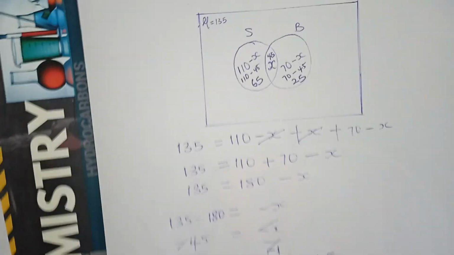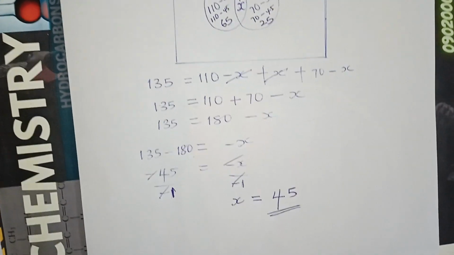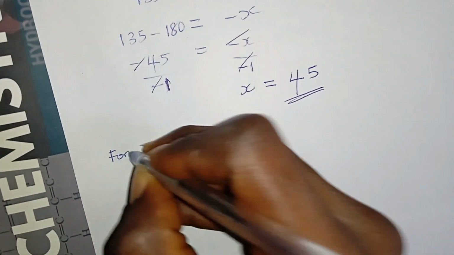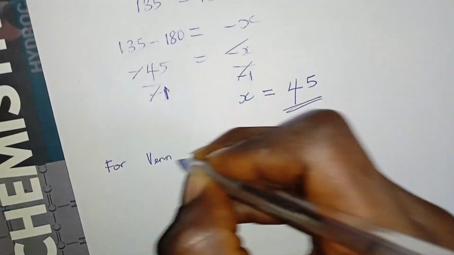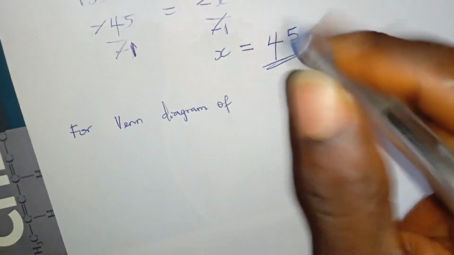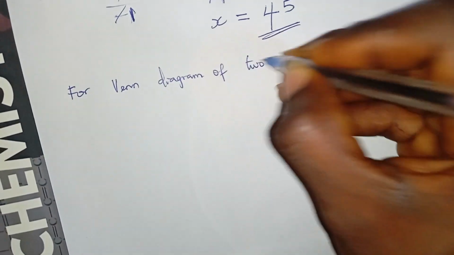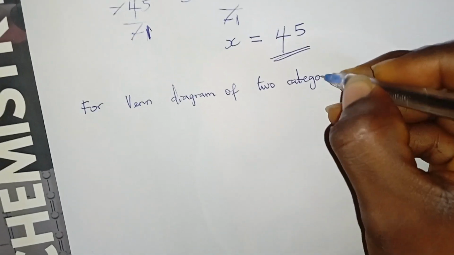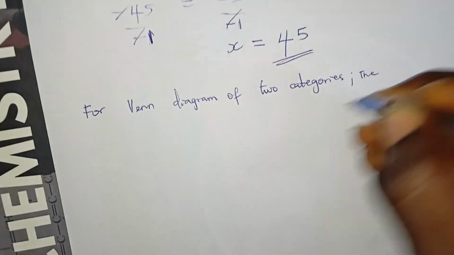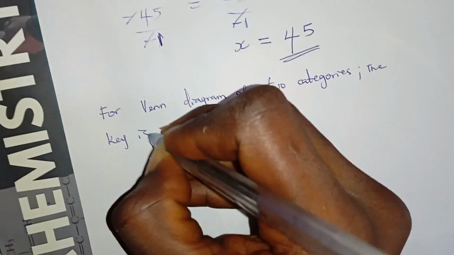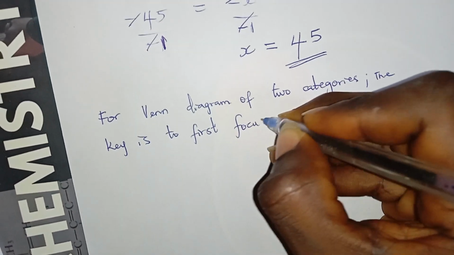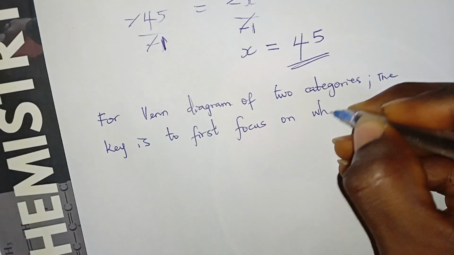So that's for a Venn diagram of two categories. You need to know that for a Venn diagram of two categories, the key is to first focus on what they have in common.